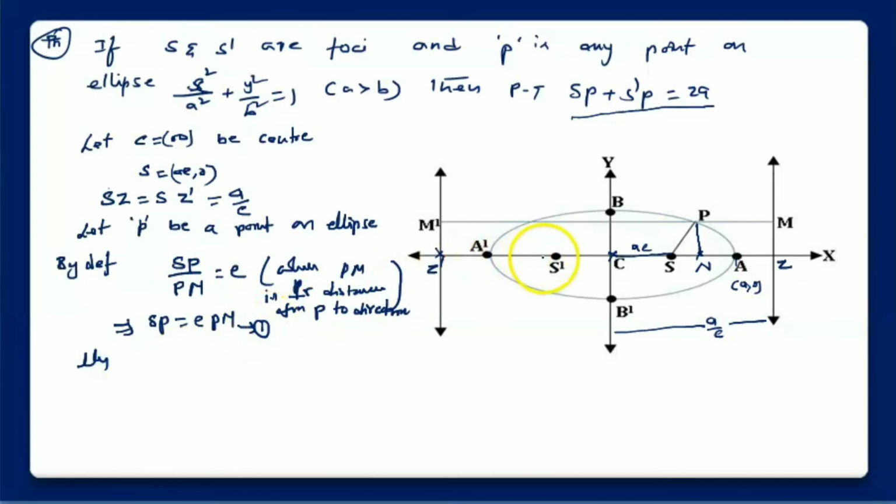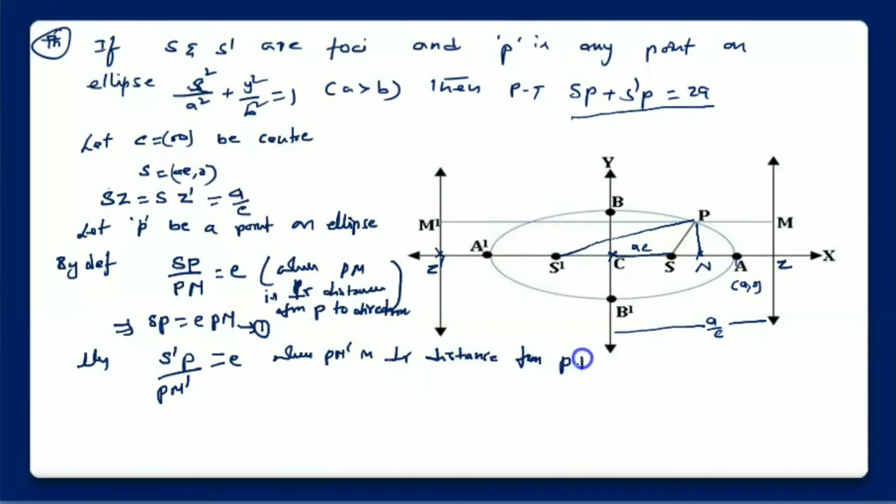Similarly, if we consider S dash as the other focus, then S dash P by PM dash, according to the definition, is equal to e, where PM dash is the perpendicular distance from P to the directrix. Which directrix? The directrix corresponding to the focus S dash, just as the earlier one corresponds to S (ae, 0).